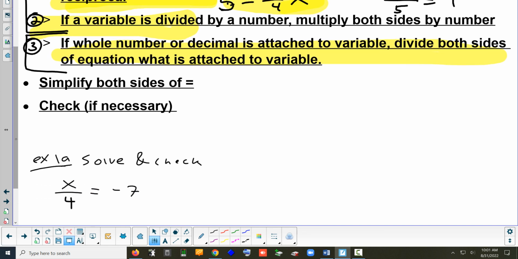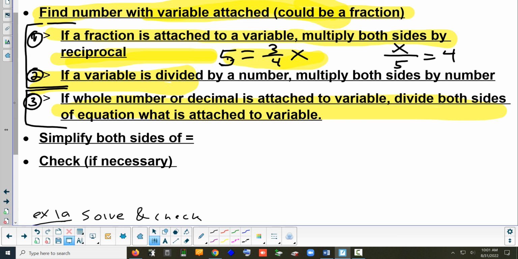X divided by 4 equals -7. Is it the first one, second one, or third one? Lexi? The first one. So that means you have a fraction attached to the variable. So that means it looks like this one.